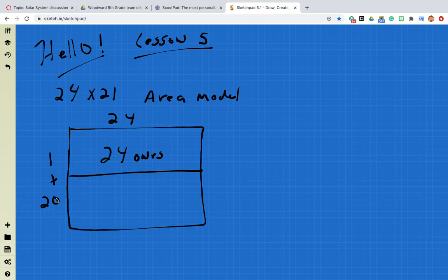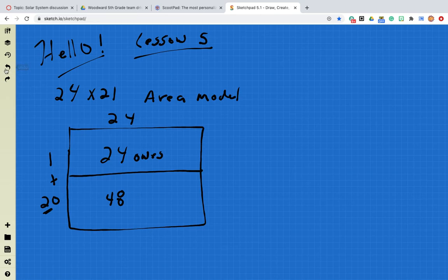Well, 20, we can also call that 2 tens. 2 tens times 24 is pretty easy. 24 times 2: 2 times 4 is 8, 2 times 2 is 4. That's 48. But we did 2 tens times 24, so this is going to be 48 tens, or 480.